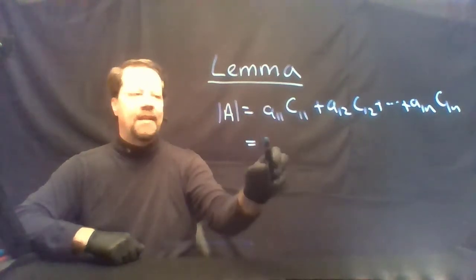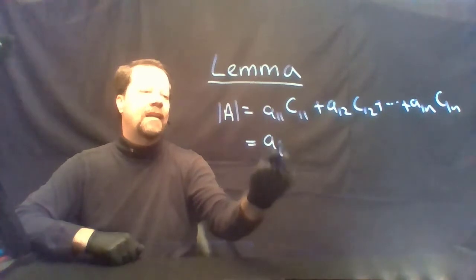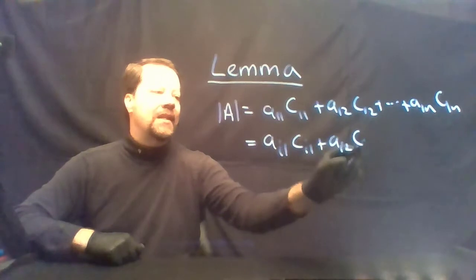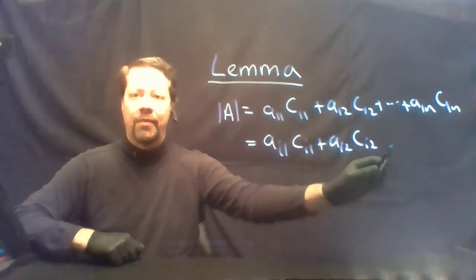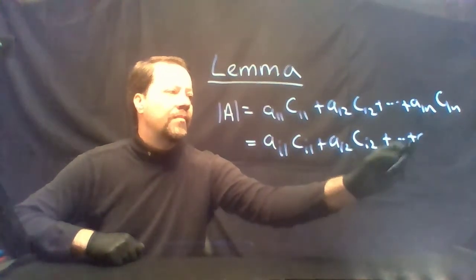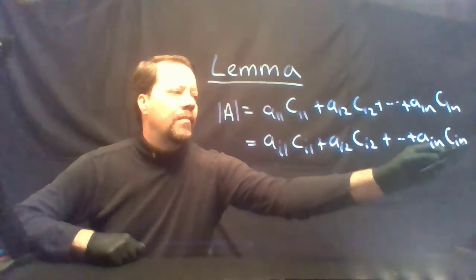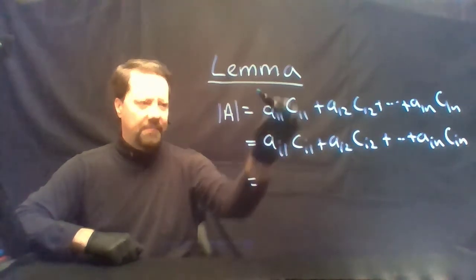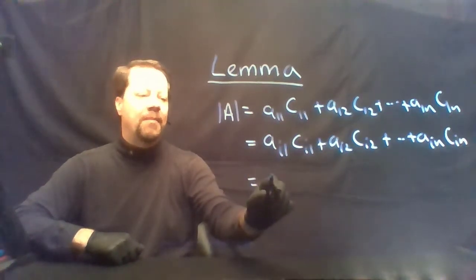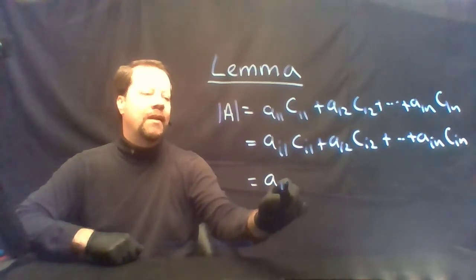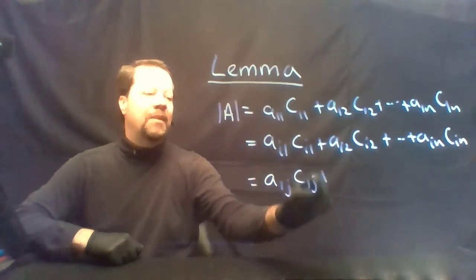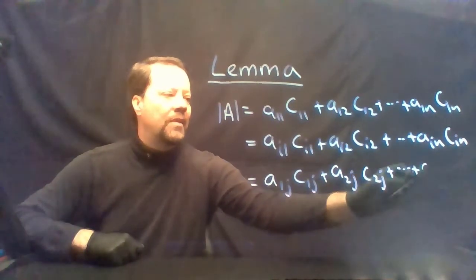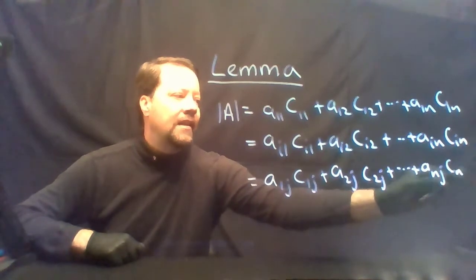But this lemma claims you'll get the same thing if you take AI1 CI1 plus AI2 CI2 for any row, the ith row. But you also get the same thing if you take the determinant as an expansion around any column as well: A1J C1J plus A2J C2J plus ANJ CNJ.